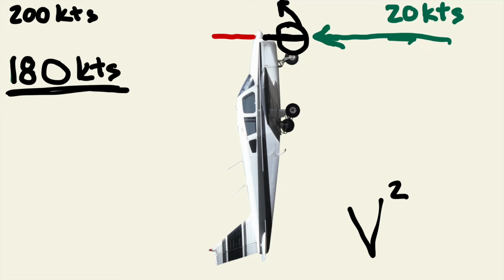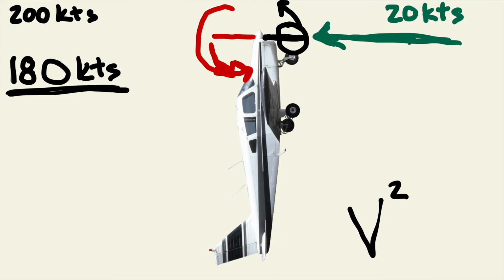Now if we look at the descending propeller blade, so this blade's coming around like so, it's actually going to be getting a headwind from this relative wind. So remember, our relative wind's still moving this way. It's kind of hard to picture here, not being 3D, but our descending blade's coming around into our relative wind.